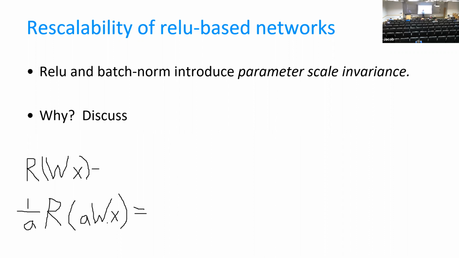So for negative values, 1 over a times ReLU of a wx is equal to ReLU of wx. Then for positive values, ReLU is just the identity function, and so a times 1 over a equals 1, and we're unchanged. So yes, in fact, this simplifies to what we have in the top.